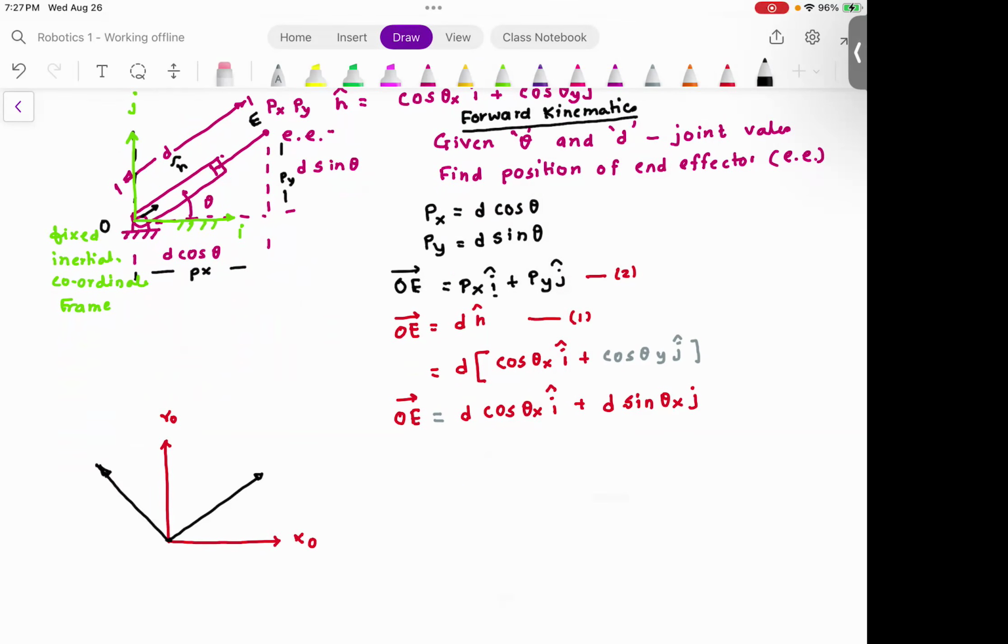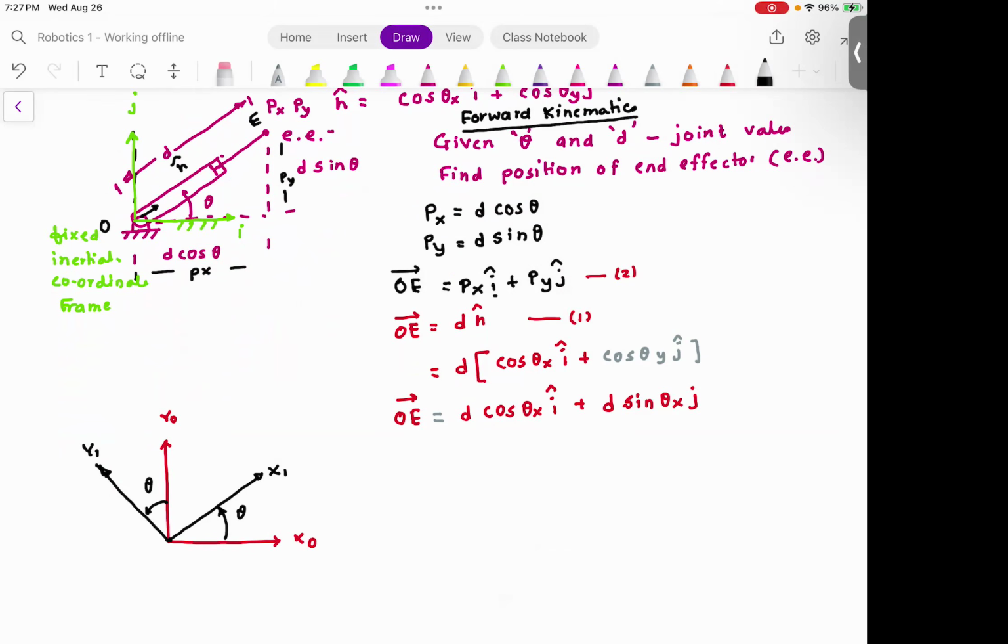I want to find out the relationships between these two coordinate frames. These two coordinate frames are perpendicular to each other. Do you agree with me that this angle of rotation is going to be theta?